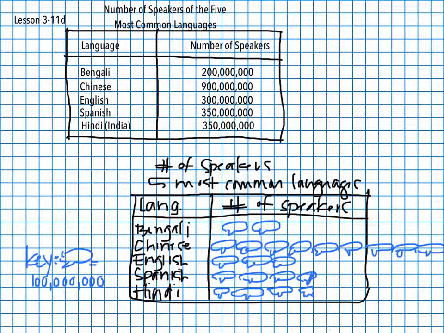If you wanted, you could have done one head equals 200 million. I wouldn't go any lower than 100 million, because if it's 1 million, you're going to have to draw 200 of these, and 900, and 300. So for me, 100 million would be the best. If you use 200 million, then you'd have 1 of these, 4.5, 1.5, about 1.75, 1.75.